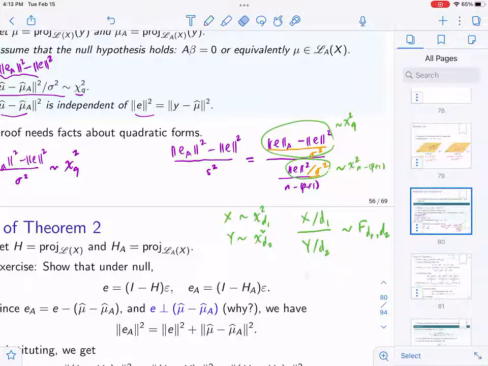Yes, okay, good. So if x is independent of y, this is true. Like a t distribution, you need the numerator and denominator to be independent. Without that, I can't even determine what the distribution of this is. It could be anything. It depends on the joint distribution of x and y.